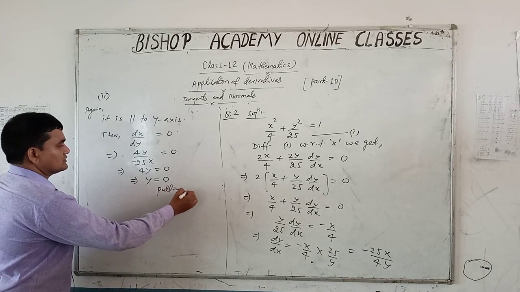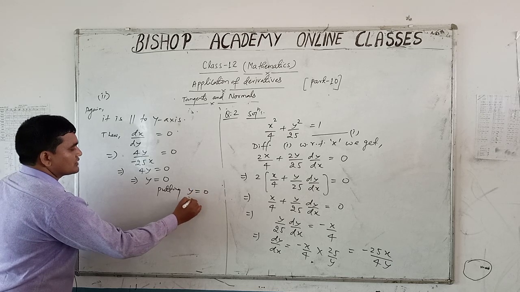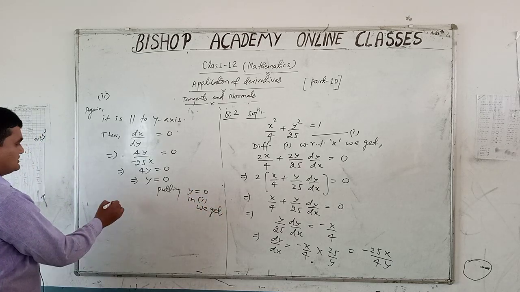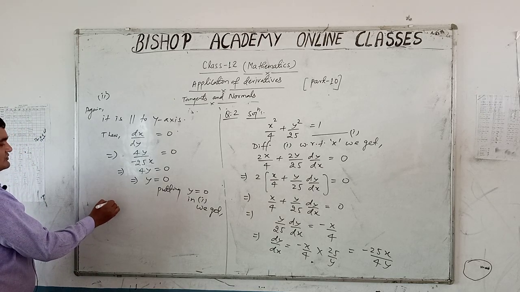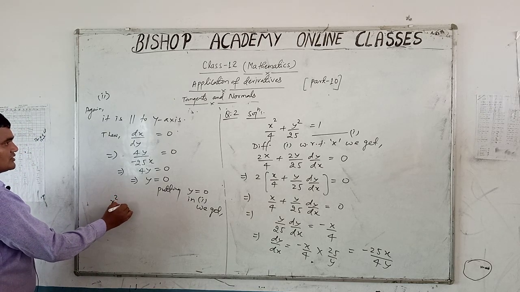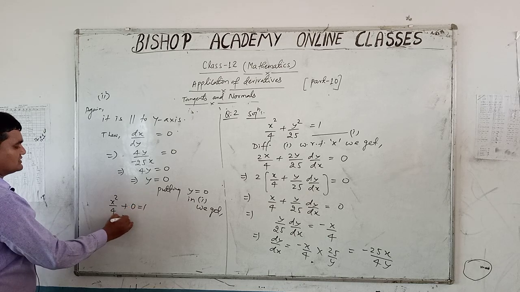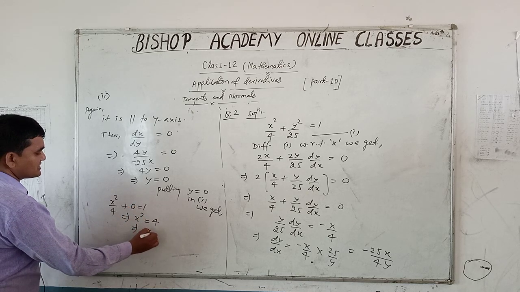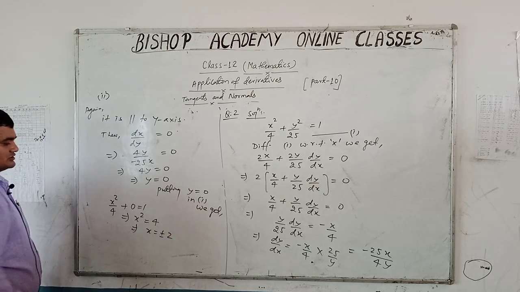Putting y equal to 0 in equation number first, we get x square by 4 plus 0 equal to 1. This implies that x square equals 4, which means x equals plus minus 2.